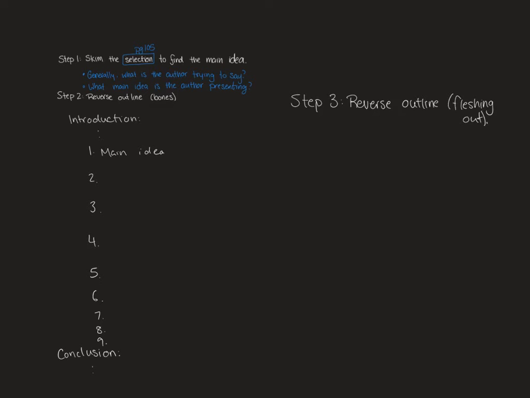Step 3 is using this same reverse outline that you have here, but this is almost like fleshing it out. So you are going to reread each paragraph and select the main ideas and write them under the headings and sentence starters and topic sentences that you already have.